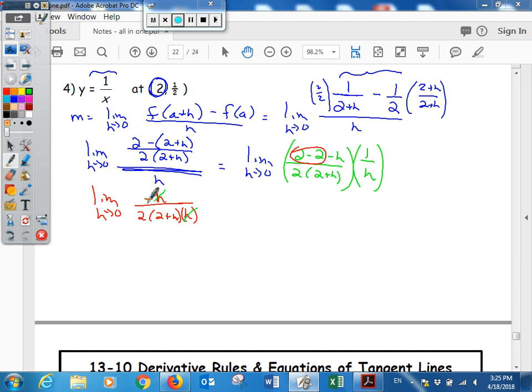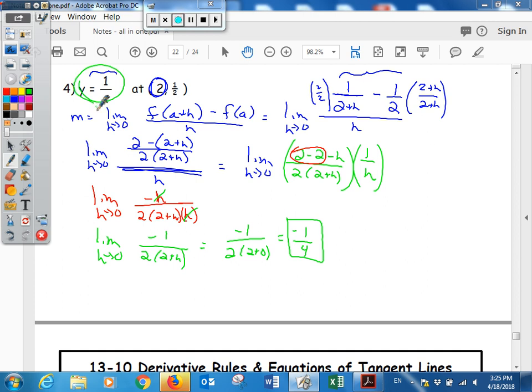I'm left with a negative 1 on top, and I've got a 2 times 2 plus h in the denominator. So at this point, we can go ahead and plug the 0 in for the h. I've got negative 1 in the numerator, 2 times 2 plus 0 is 4, so negative 1/4. So that would be the slope of this equation, the tangent to this equation, at this particular point.